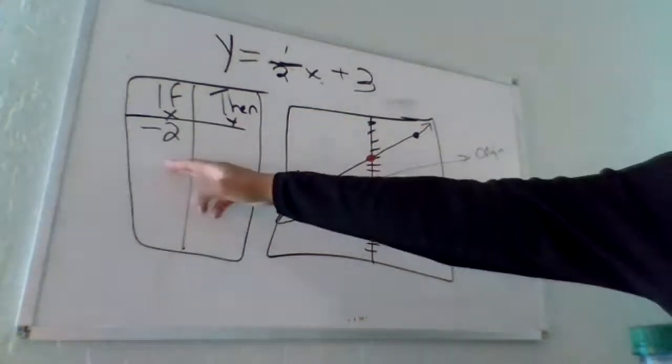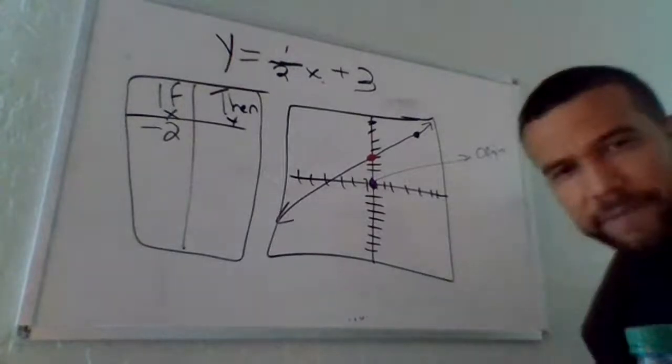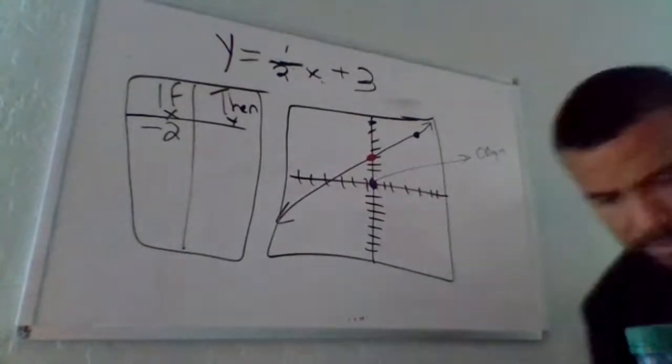So if x equals -2, tell me what y must equal. Okay, so we got one person with positive 3. Okay. Another with positive 2.